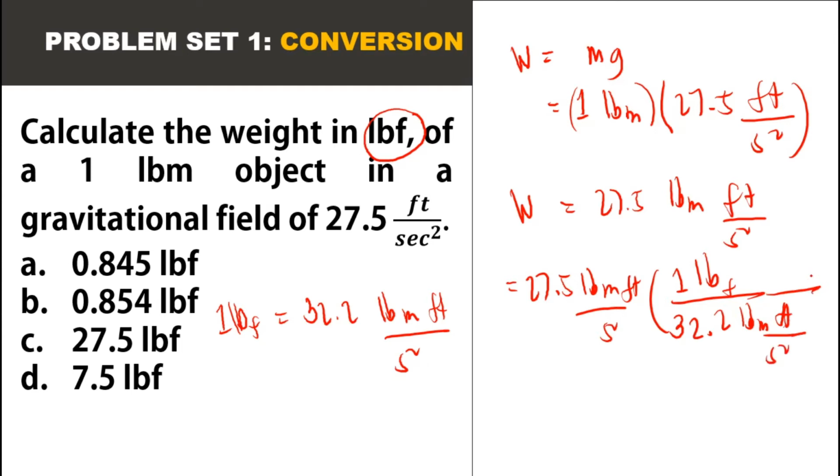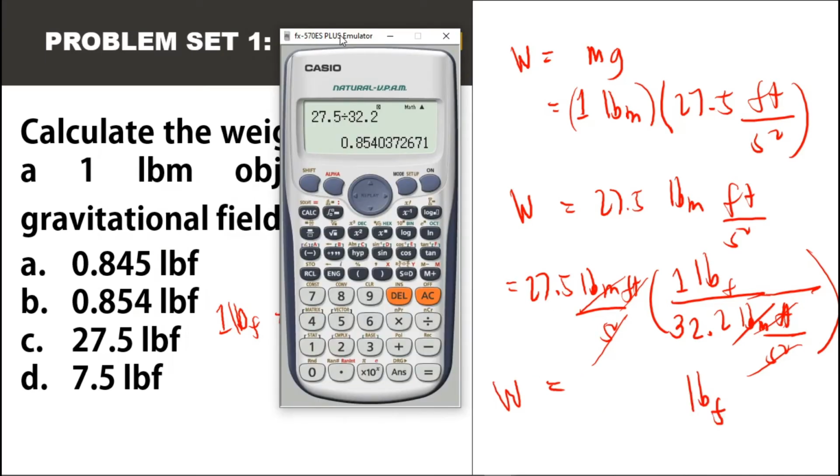That is a very important conversion. This unit will cancel out: pound mass will cancel, feet and second squared will cancel. So we have the weight, the unit of which is pound force. So we have letter B.